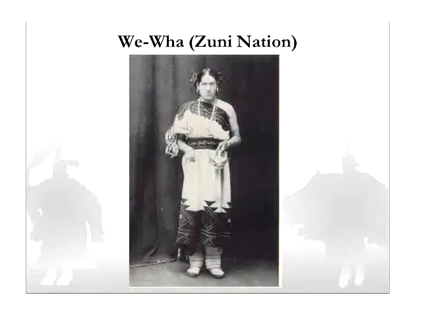Wiwa was revered by the Zuni Nation, and President Grover Cleveland was so taken by Wiwa that he brought Wiwa to Washington, and Wiwa was like the toast of Washington.